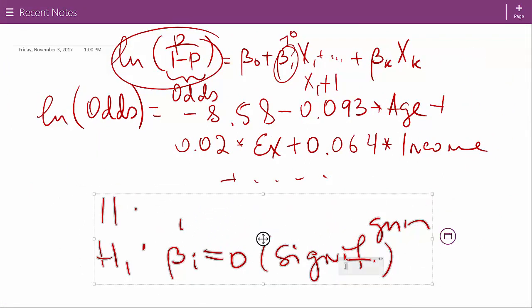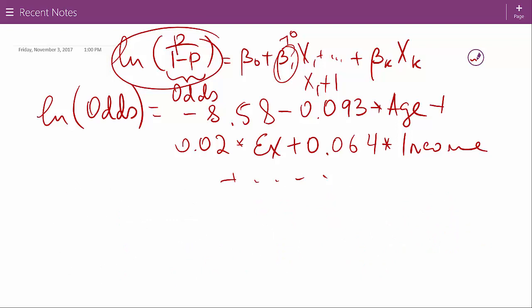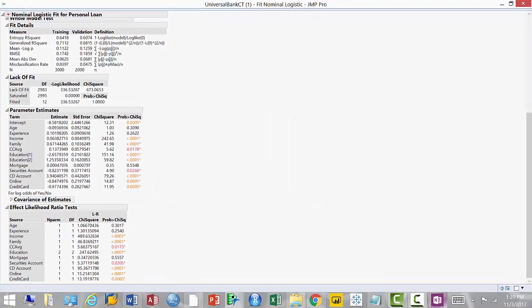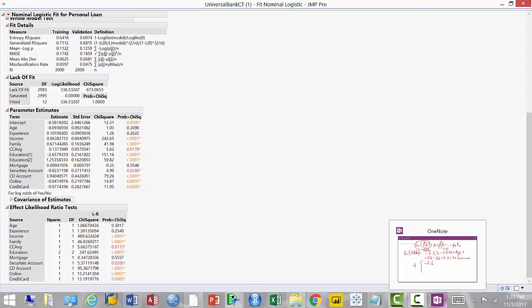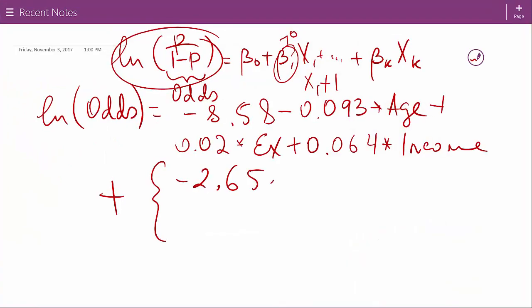All these variables stay in the model, but then my model gets an addition of minus 2.658 if the education equals 1, if it's only undergraduate.